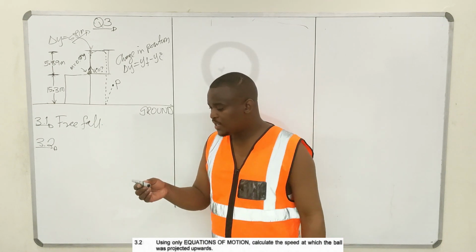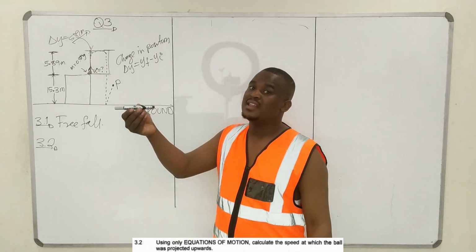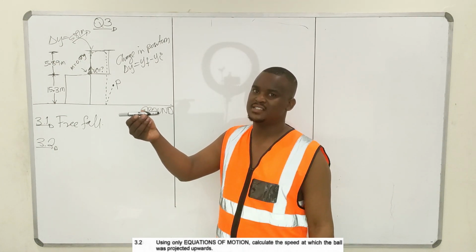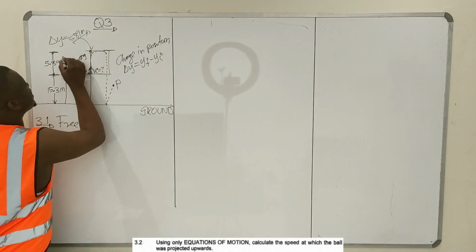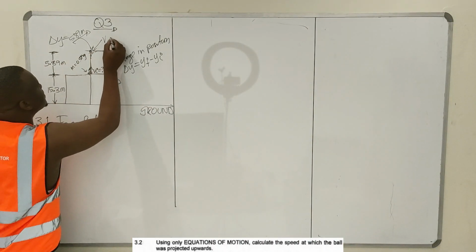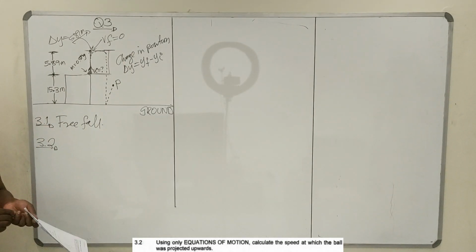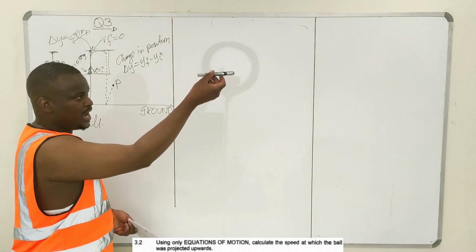So what I'm trying to say is, at the maximum height, your velocity is zero. In our case, we know that it reached a maximum of 5.89. We should know that the final velocity there is zero, because the ball could not go up anymore. It went up and stopped, and then it will return.